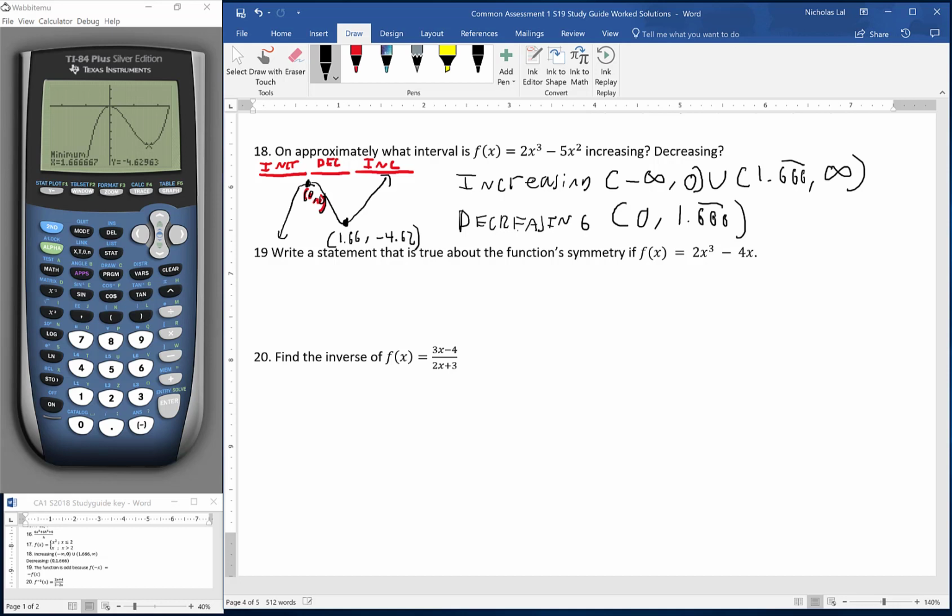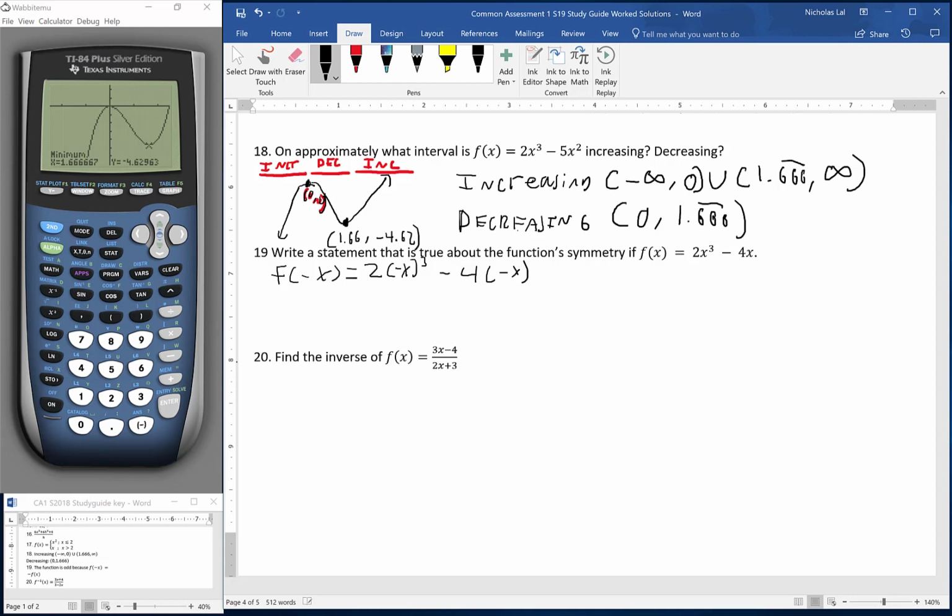Okay. 19. Write a statement that is true about the function's symmetry if f of x is equal to 2x cubed minus 4x. Okay, so we have f of x. Let's find f of negative x. Well, f of negative x is equal to 2 times negative x cubed minus 4 times negative x. So negative x cubed, that's negative x times negative x times negative x.